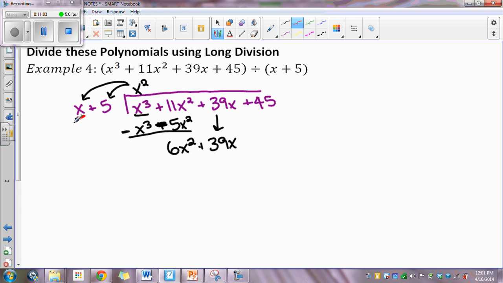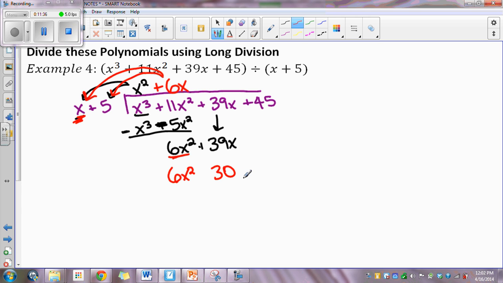Now we have to go from an x to a 6x squared. So first thing, I always do the number first, so that coefficient out front is a positive 6. We have to multiply this by a 6. We also have to multiply by an x, right? Now work backwards. Draw your distribution arrows. 6x times x is 6x squared. 6x times 5 is a positive 30x.